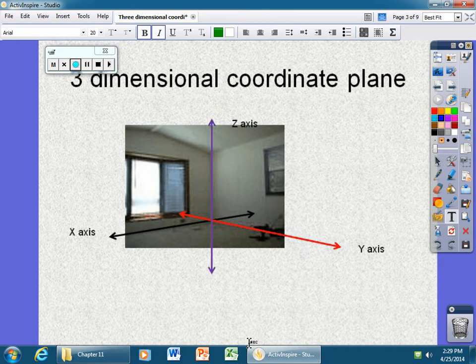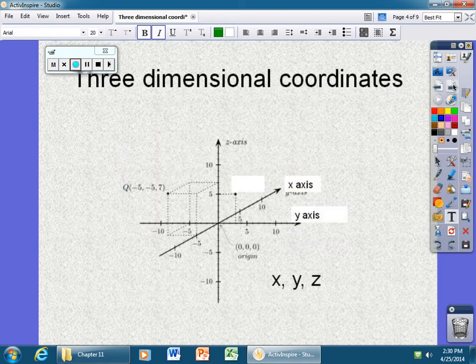So you can notice here we have x, the black axis, y is the red one, and z is the purple one. So this is what we mean by a three-dimensional coordinate plane. And just like on the two-dimensional coordinate plane, you can plot points to indicate a position. With the three-dimensional coordinate plane, you can also plot points to indicate a position in the area.